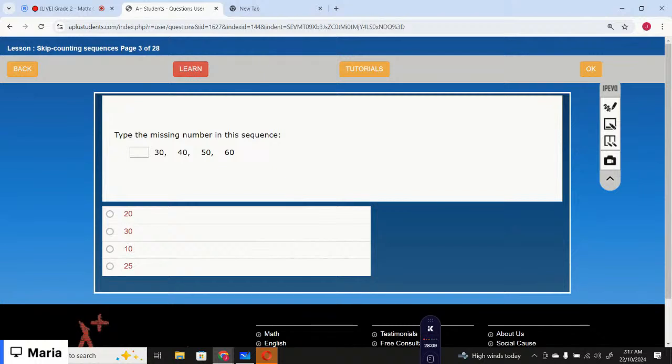Type the missing number in the sequence. The first number is missing in the sequence, right? The next ones are 30, 40, 50, 60. So the pattern is growing by 10.